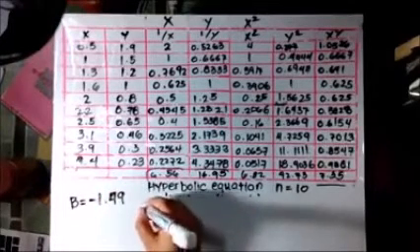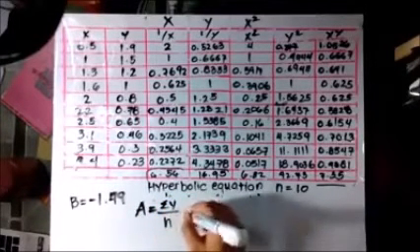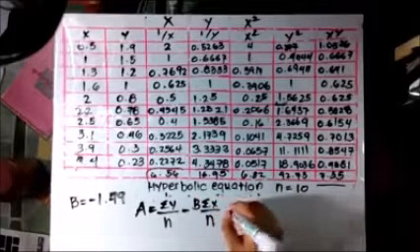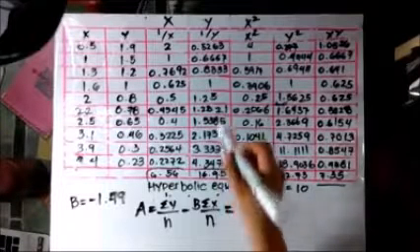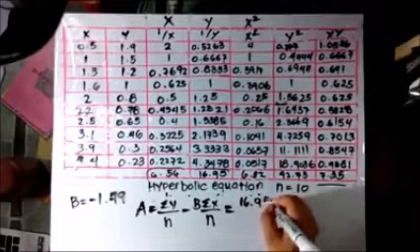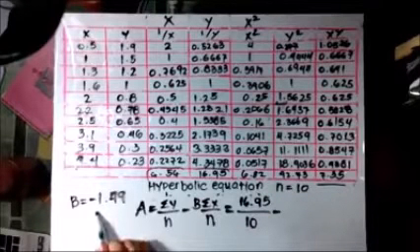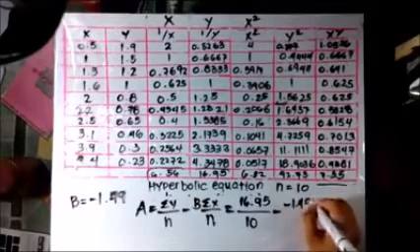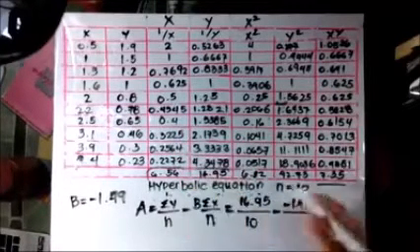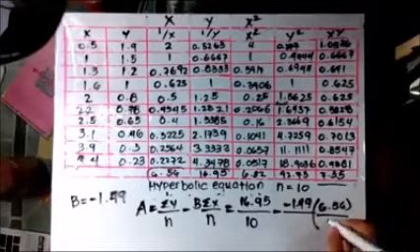So we have to get the value of a, which is equal to summation of y over n minus b times summation of x over n. So substituting the values, summation of y is equal to 16.95 over n, which is 10, minus b, the value of b is negative 1.49, times the value of summation of x, which is 6.56 all over n.